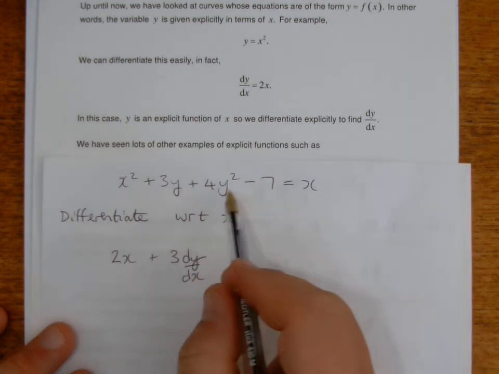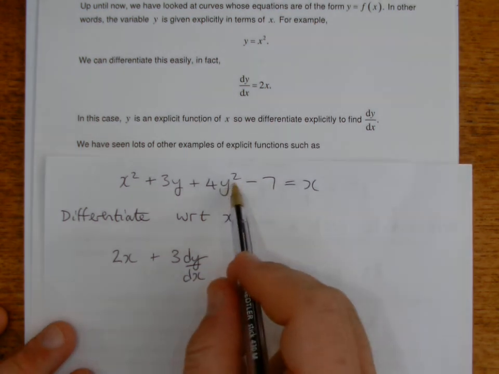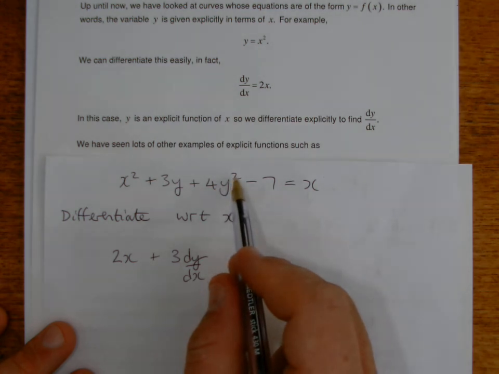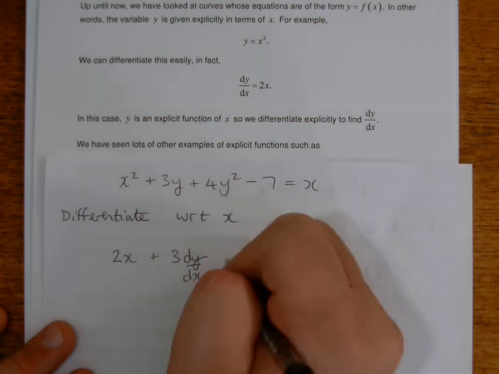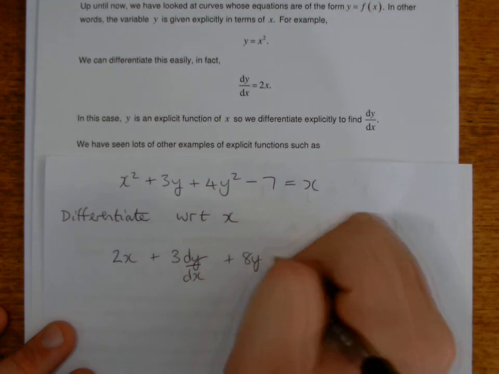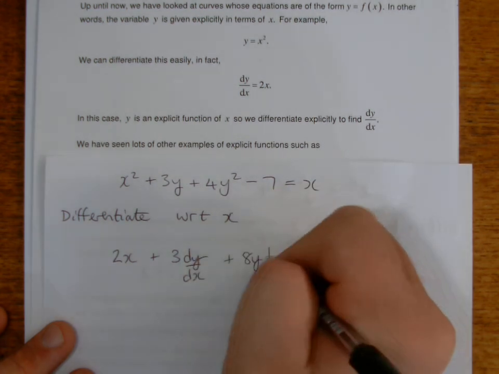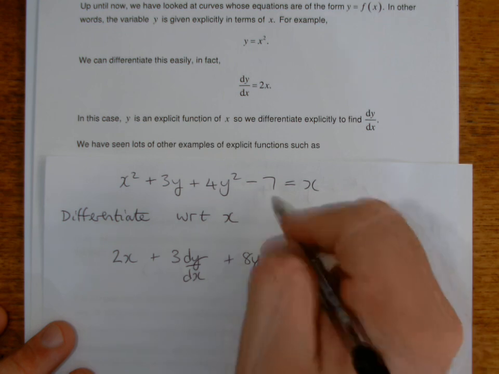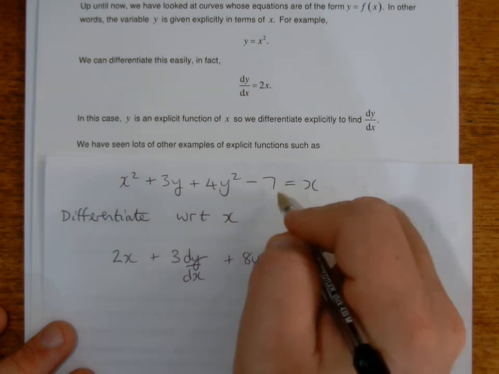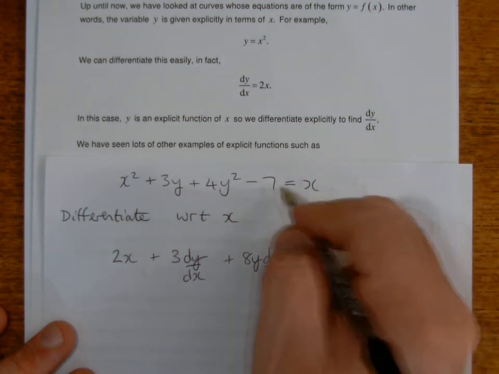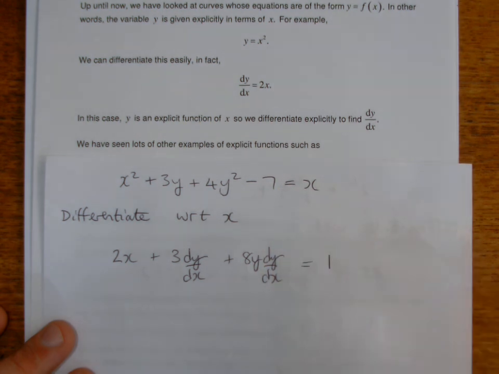Then you have 4y squared here, well, just differentiate that, so you bring the 2 down, so you get 8y, but remember, because it's a y term, you've got to times it by dy dx. Minus 7 just becomes 0, it disappears because it's a constant, and x becomes 1 when you differentiate it.